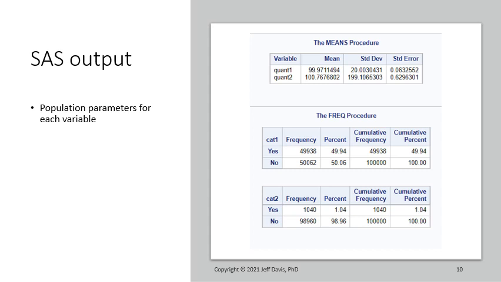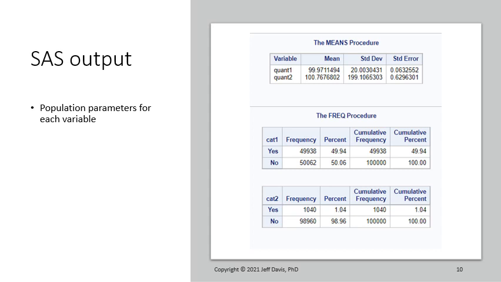Like we said in our data step, we want the variable quant1 to have a mean of 100 and a standard deviation of 20. That's pretty good. SAS delivered on that. We wanted quant2 to have a mean of 100 and a standard deviation of 200. So again, very good.